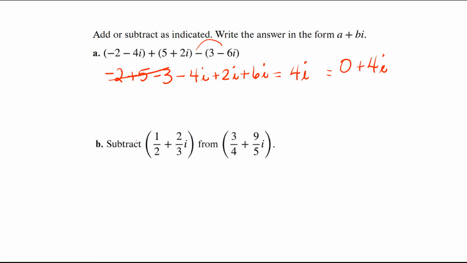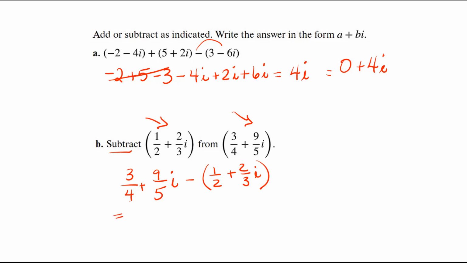Okay, so here it says subtract this from that. So we put 3/4 plus 9/5 i first. And then we're going to subtract 1/2 plus 2/3 i. So now we will get our real parts together: 3/4 minus 1/2, and then 9/5 i minus 2/3 i.